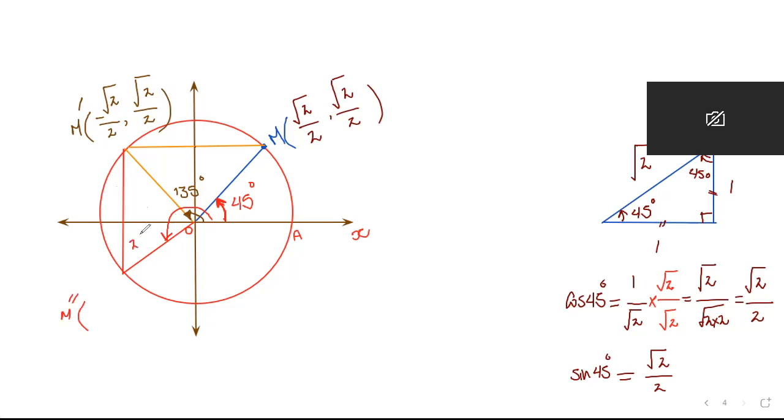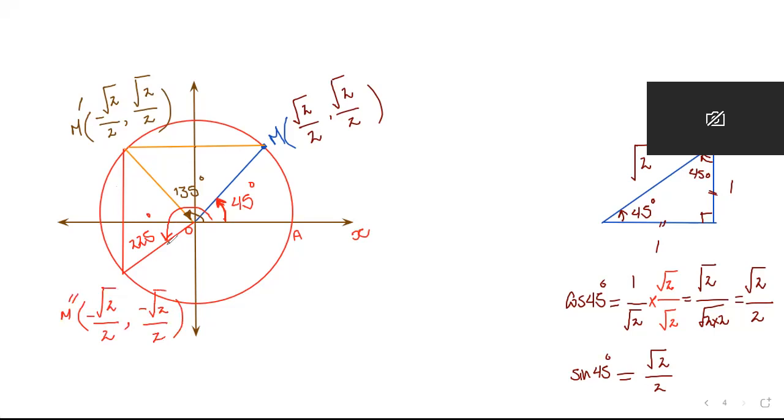It becomes 180 plus 45, which is 225 degrees. Then the x is minus the square root of 2 over 2. And the y is how much? That's right. Fantastic. Both of them are just behind, I should say, the origin.